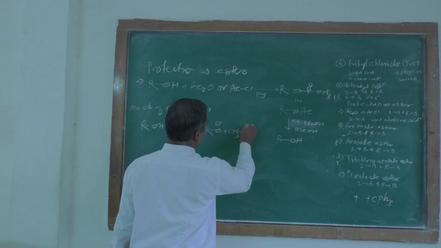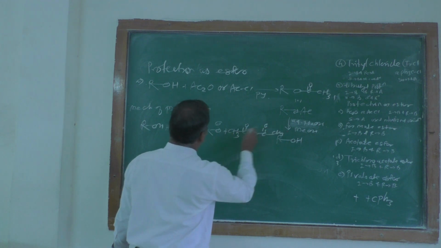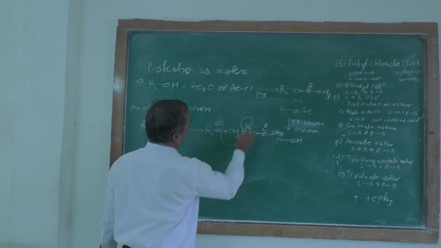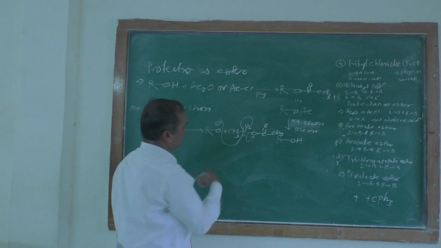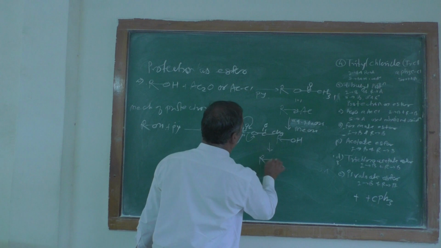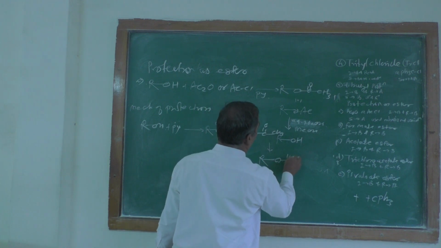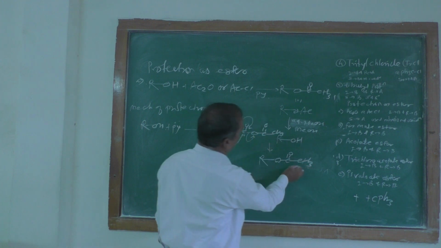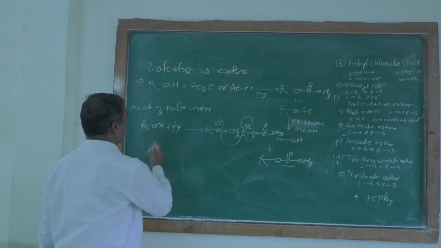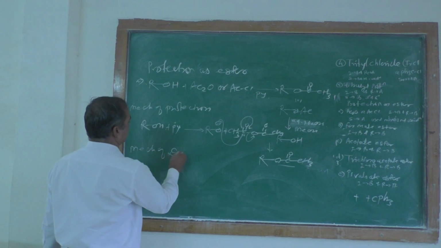As you know the structure of acetic anhydride is like this: CH3, the negative charge attacking on this carbon atom. This bond is moving in this fashion, and the compound we are going to get here is RO C double bond O CH3, that is an ester. Further, let us look at the mechanism of deprotection.